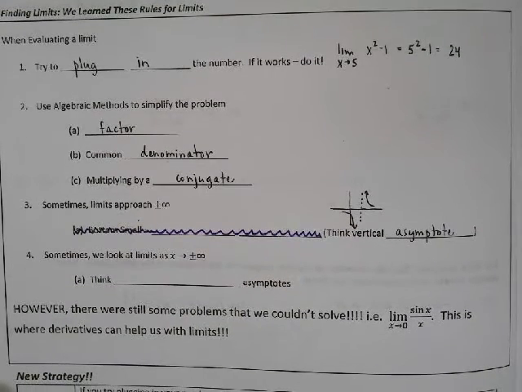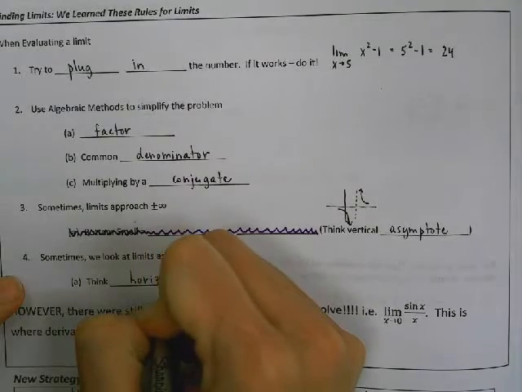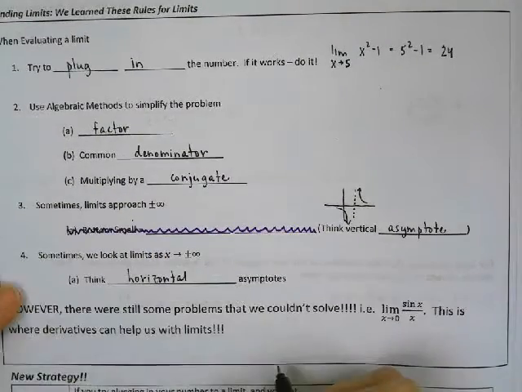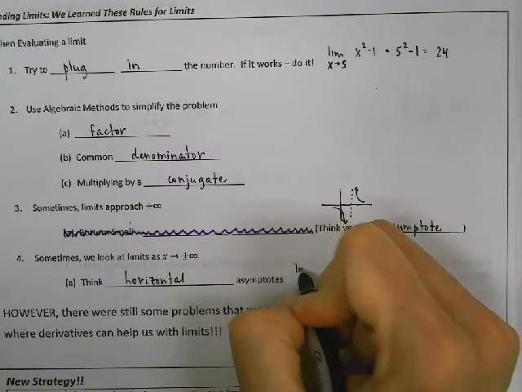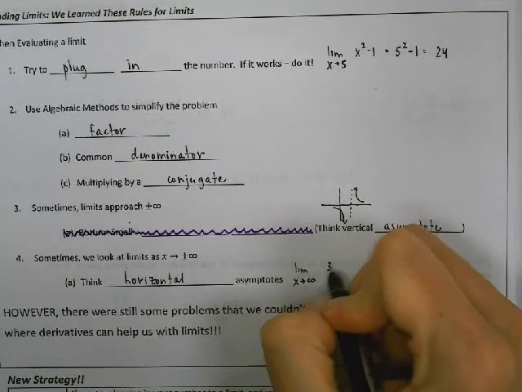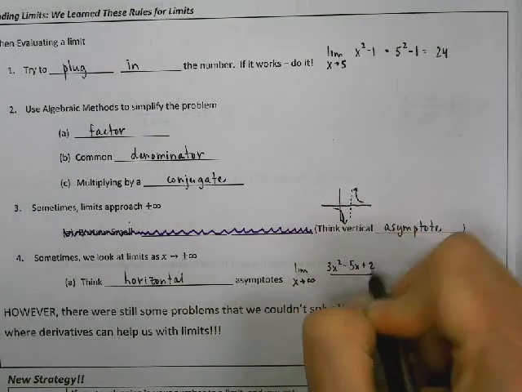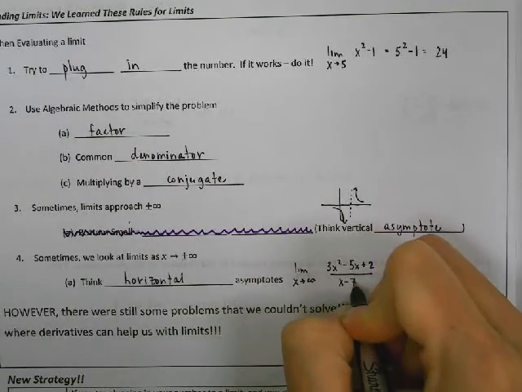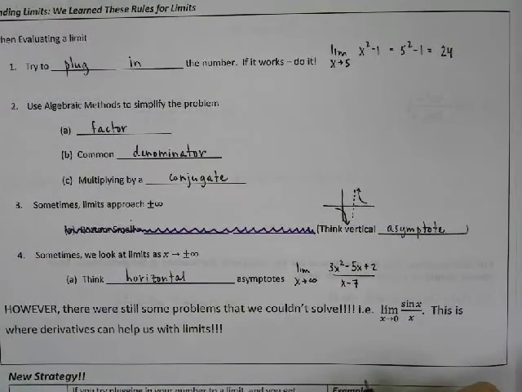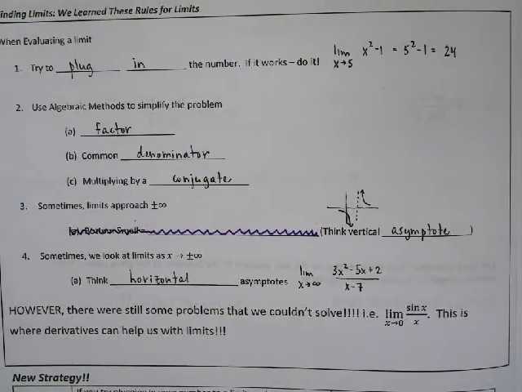Then other times we looked at limits as x approaches positive or negative infinity. Excuse me. And in this case, we're thinking horizontal asymptotes. So for example, let's say we are taking the limit as x approaches infinity of 3x squared minus 5x plus 2 over x minus 7. And we said here, if we're looking at positive infinity, we're just worried about that end behavior.